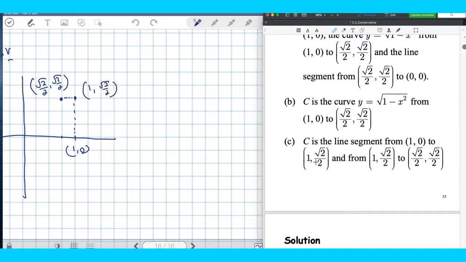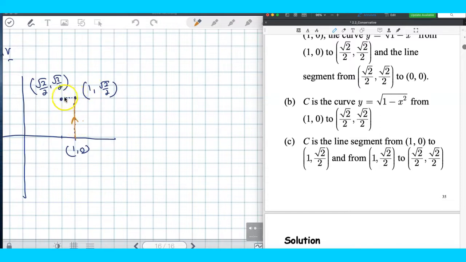Okay, so in this case you have the curve. You want to go from 1 0 to sec 2 over 2, sec 2 over 2. But then you pass through 1, sec 2 over 2 first. When I read again, from 1 0 to 1, sec 2 over 2, we have a line segment.